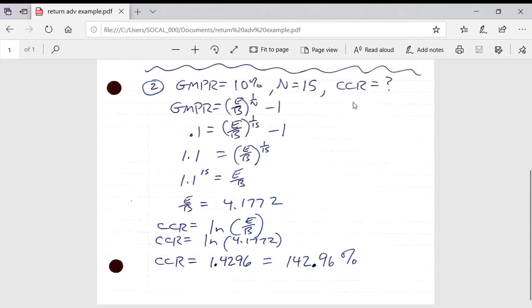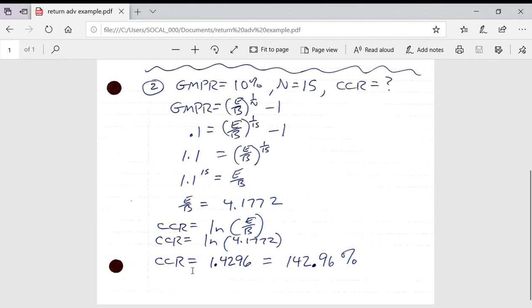While we're solving for the continuously compounded return, the definition for the continuously compounded return is that it's the natural log of the price relative. And therefore, the CCR is the natural log of 4.1772.